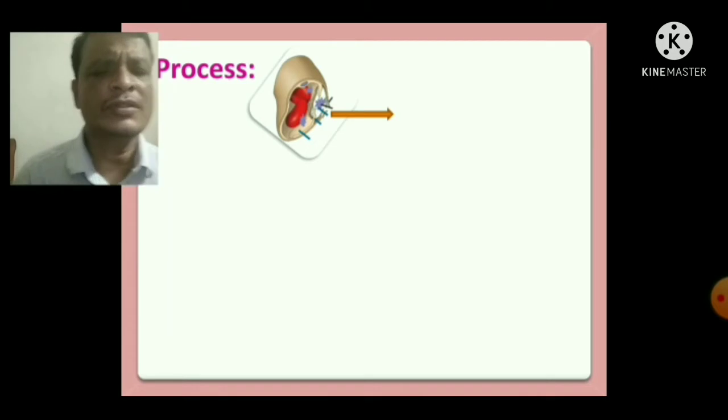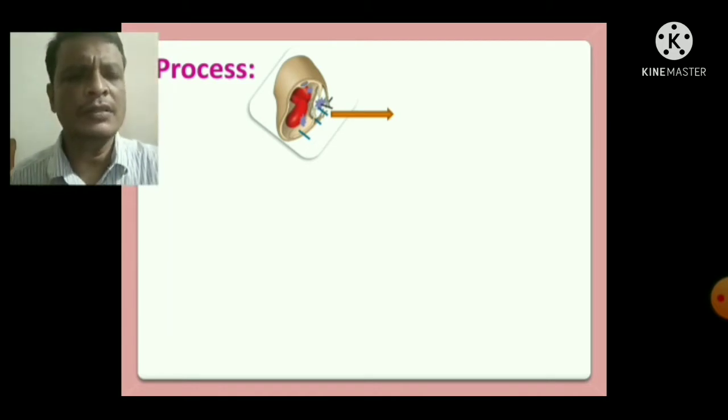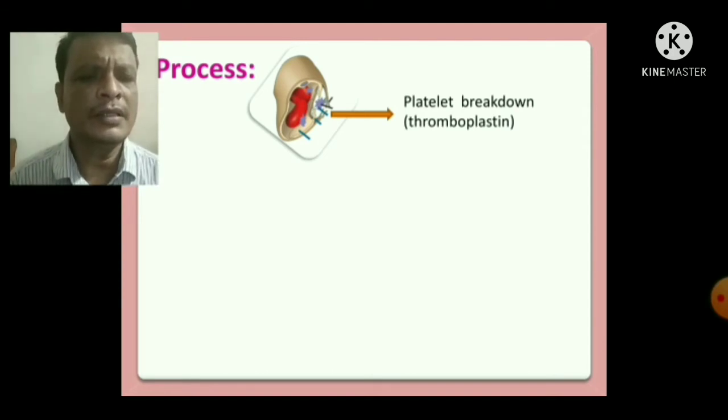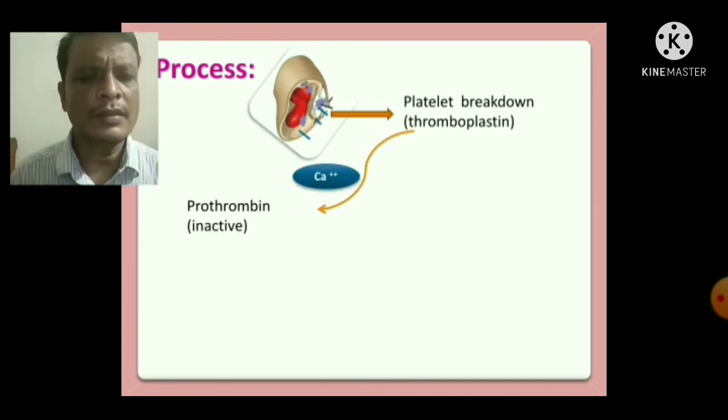Now the process. The blood coagulation process is very complex, but I'm trying to explain it briefly. When any injury occurs, the platelets in the injured area produce a special type of enzyme known as thromboplastin, and this thromboplastin binds with the prothrombin.